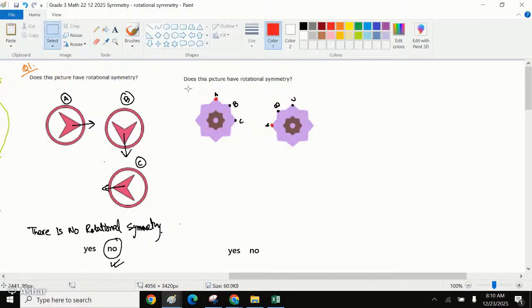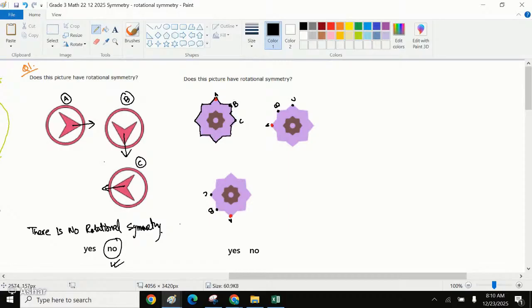Even if we rotate it 180 degrees, the point A is down, but the shape is still the same, right?